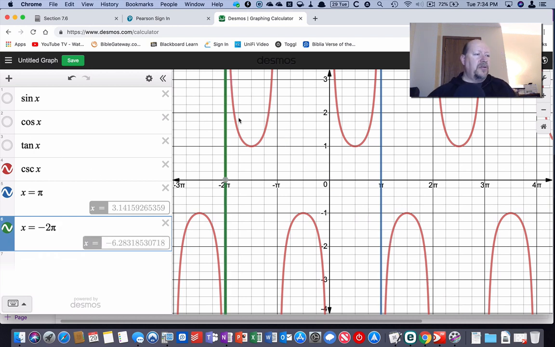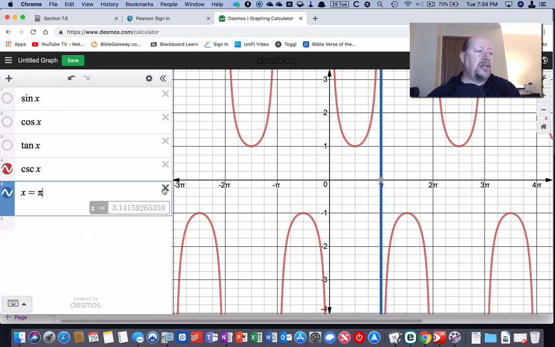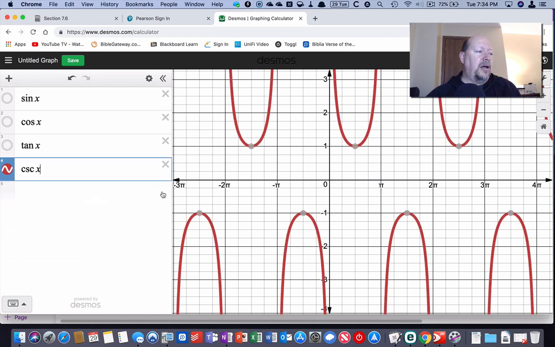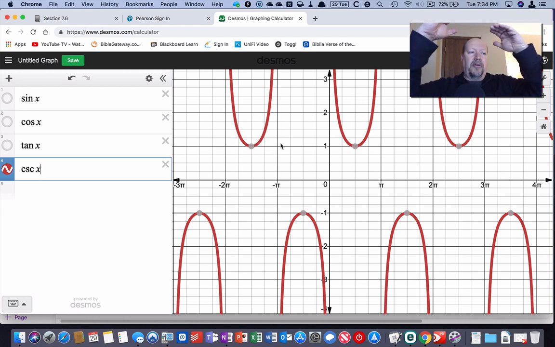Here. So I jumped over here and put one in here. You can see any multiple of pi is going to be a place where there's a vertical asymptote because the cosecant is undefined at those angles. But the range, what we need to do for the range, again, is describe all of the y values above 1 and below -1.